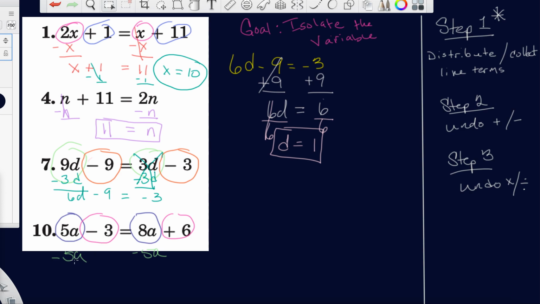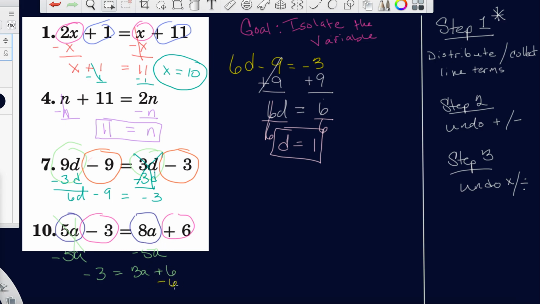And then this goes away. And what am I left with? I'm left with negative 3 equals 8a minus 5a is 3a plus 6. Well, now I can move on and go to step 2. Step 2 says, get rid of this addition here.